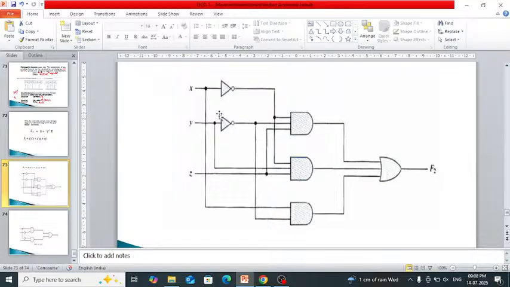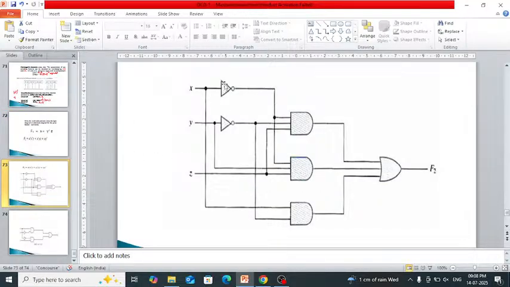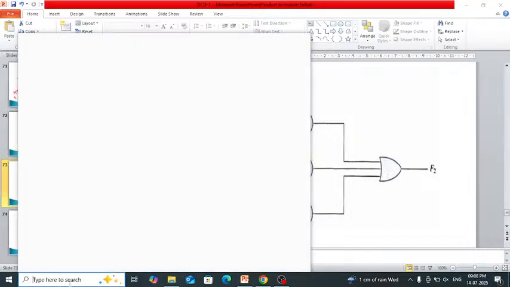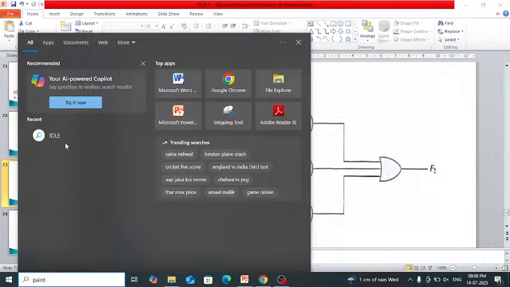See here I am showing the inverter to the y only. This is the logic diagram for the F2, but I am explaining the logic diagram for F1. Okay, you can understand easily. Okay, take the inverter for the y input, then you will get x here. Don't put inverter here, we are forgetting F1. Okay, so I will try to draw in the paint, then it is easy to people.